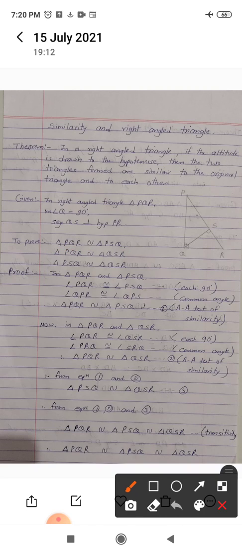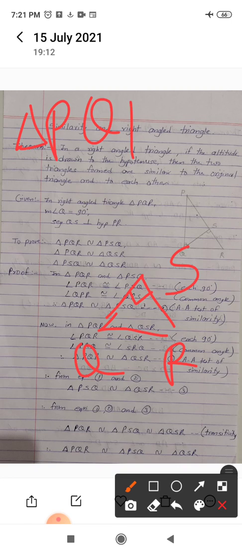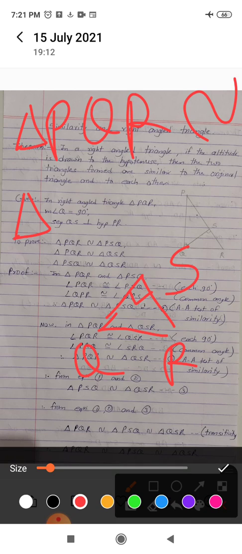Now let's move to the second statement in this lower triangle. The name of this triangle is QRS. So in this triangle, angle S is a measure of 90 degree. So in this triangle PQR is similar with, let us create the one by one correspondence. First take 90 degree.